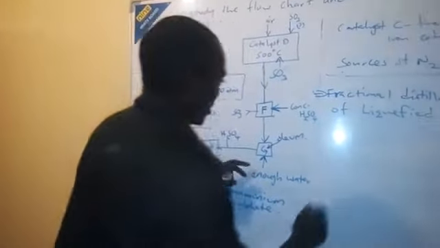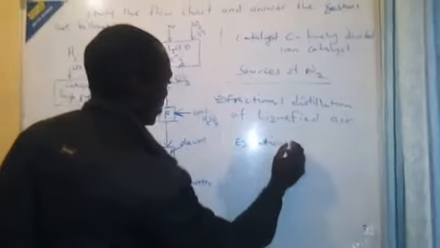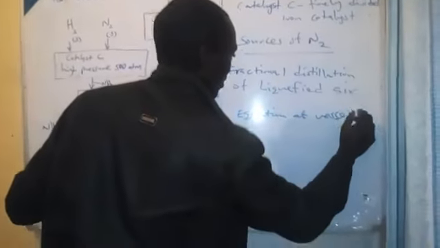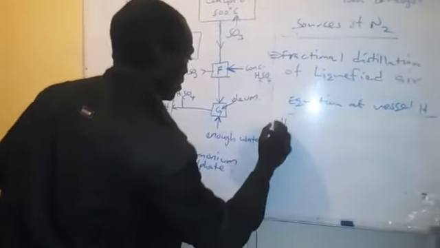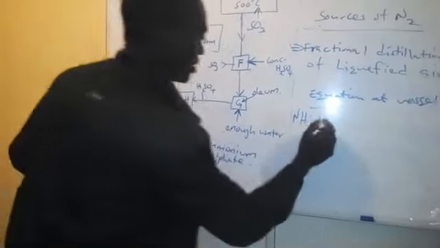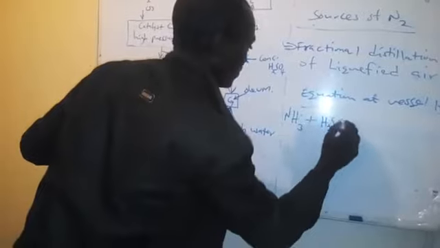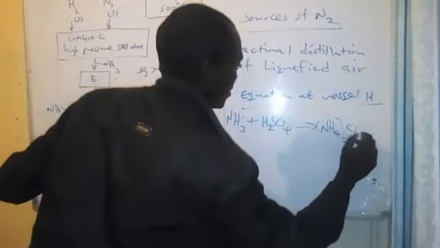The other question that was asked was the chemical equation at vessel H. I had written the equation already. We had ammonia gas entering that vessel, and what was also getting in was sulfuric acid, so we get ammonium sulfate.